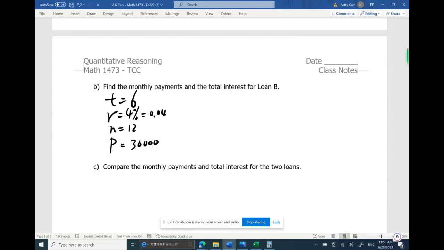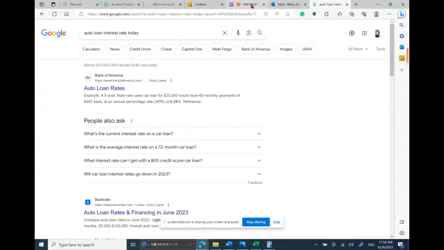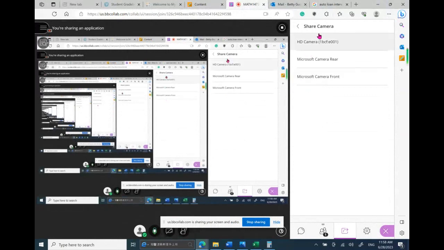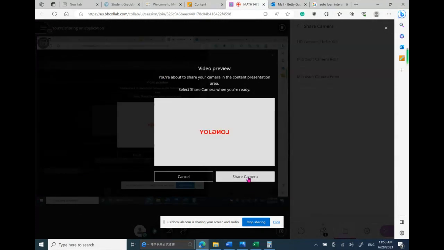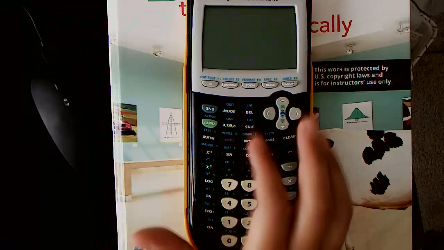In this part, I'm not going to use the formula again. I'm just going to use the second and third methods. So let's go back to the calculator. Apps.